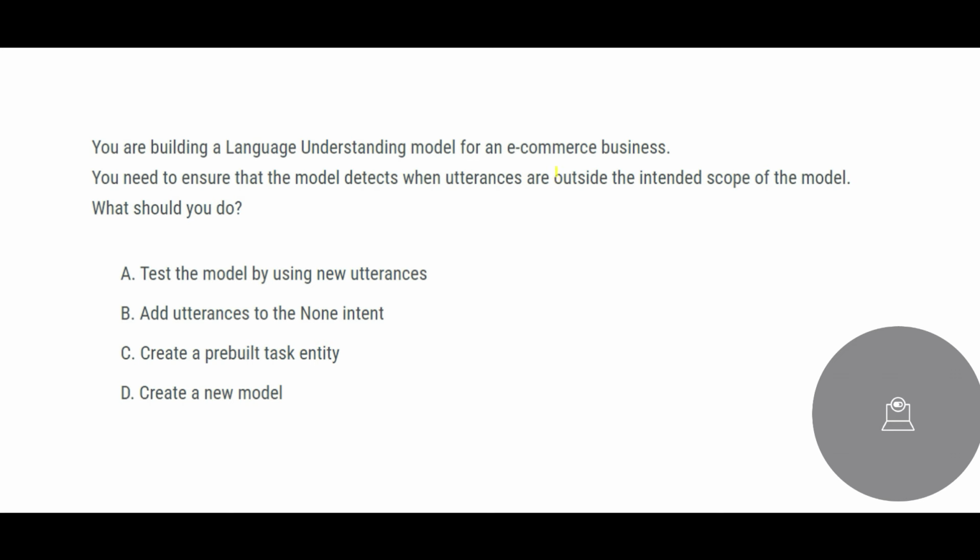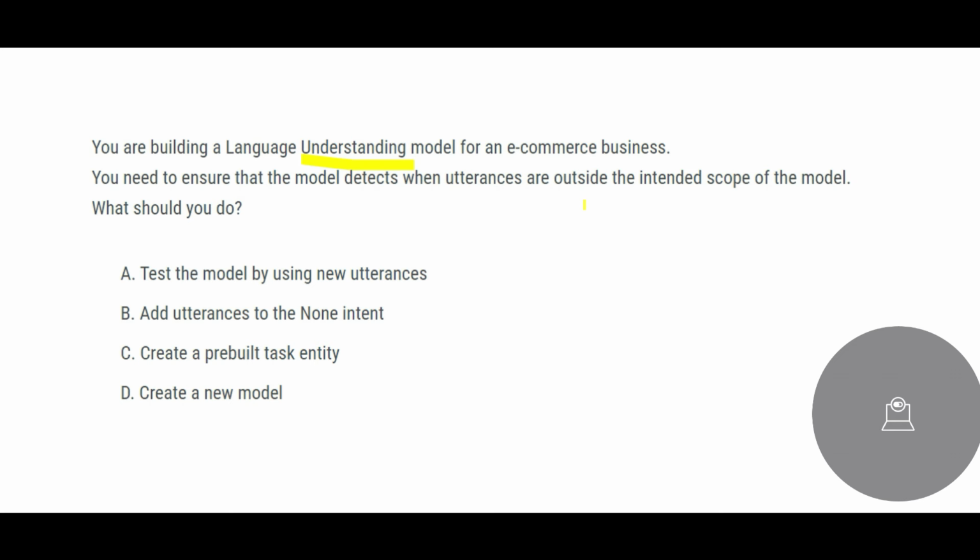So now let us try to understand the questions in this. The first one is, you're building a language understanding model for an e-commerce website. It can understand language. You need to ensure that the model detects when utterances are outside the intended scope of the model.